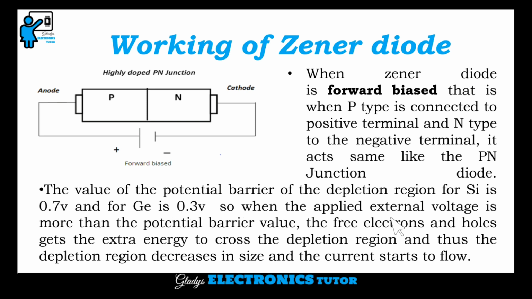So when the applied external voltage is more than the potential barrier value, the free electrons and holes get the extra energy to cross the depletion region, and thus the depletion region decreases in size and the current starts to flow.